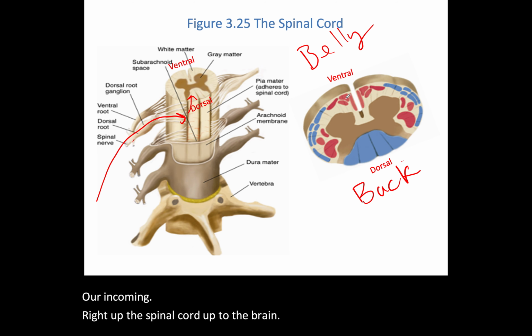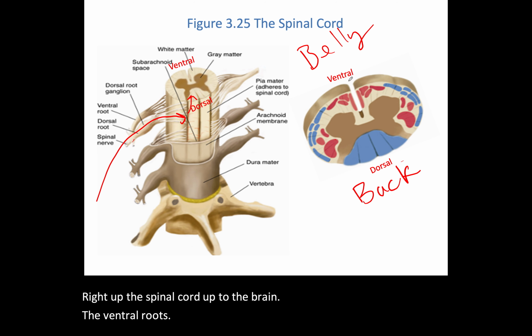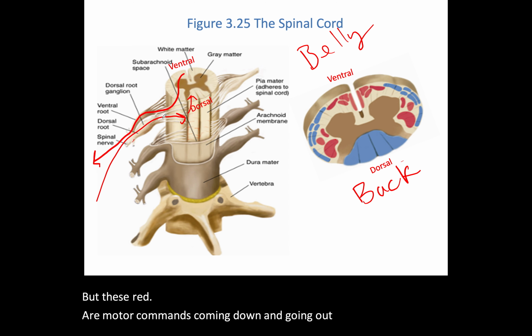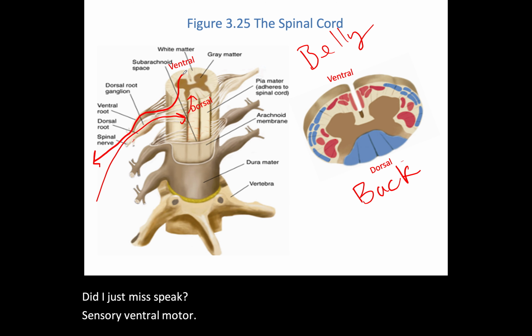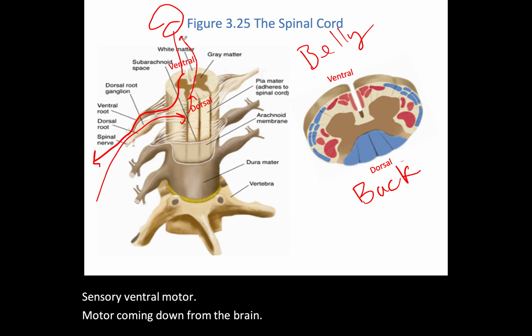The ventral roots, these red tracts, are motor commands coming down and going out the ventral roots. Dorsal, sensory, ventral, motor. Motor coming down from the brain, and then the dorsal going up.